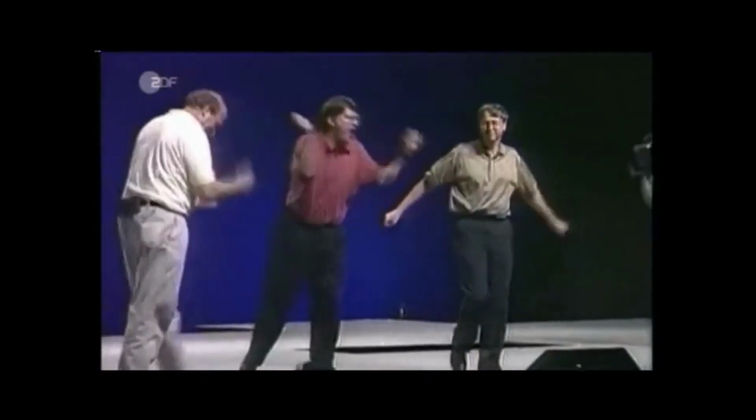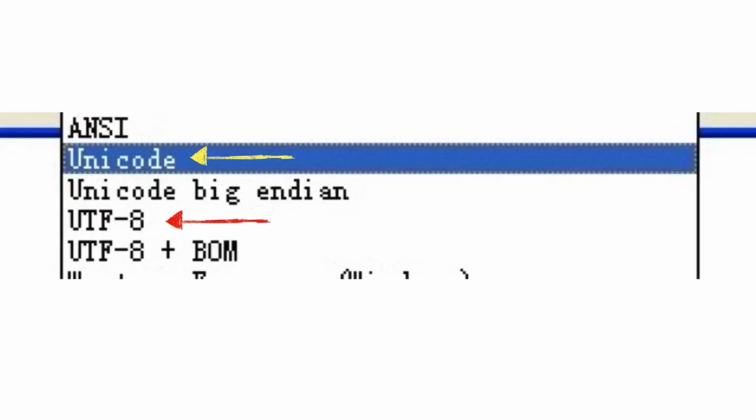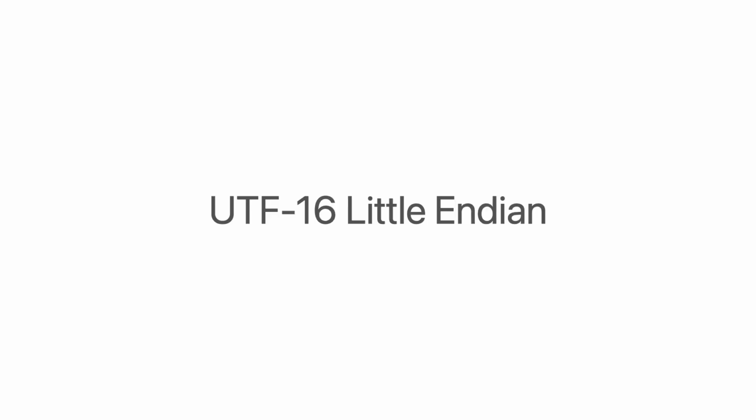Little did he know this was a mistake made by the Windows UI designers, probably because their team is confused about this too. According to this Stack Overflow post by Bob, this so-called Unicode encoding is actually UTF-16LE or UTF-16 Little Endian. This mistake has been fixed in modern version of Windows, but I suspect it lived on in a non-trivial number of programmers' minds for a few generations.